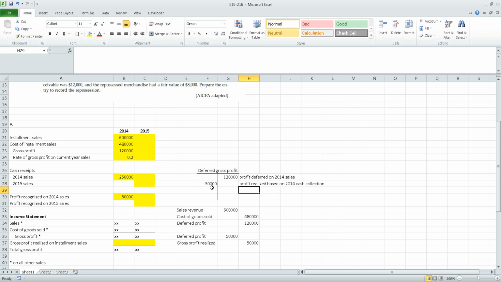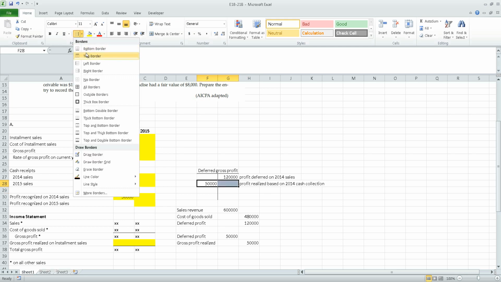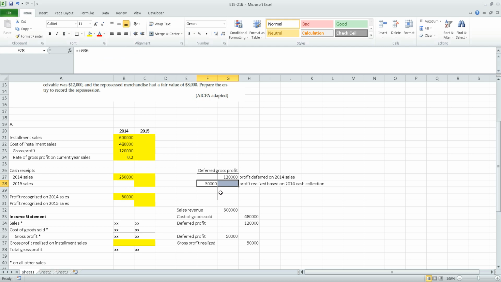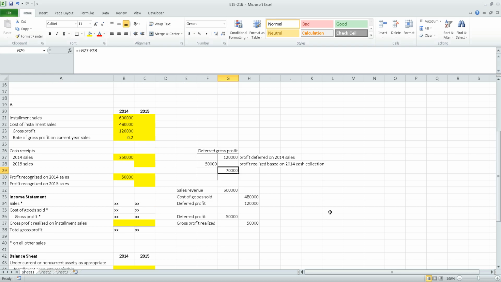So at the end of 2014, the balance in our deferred profit account is $70,000.